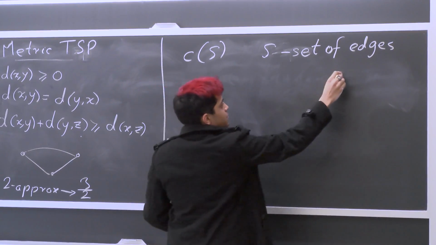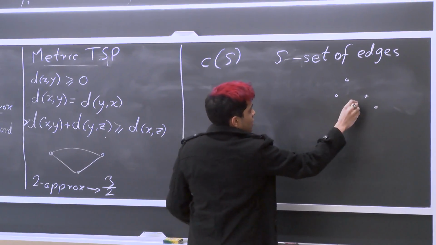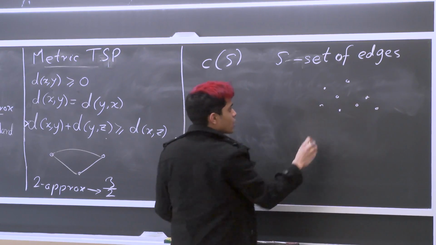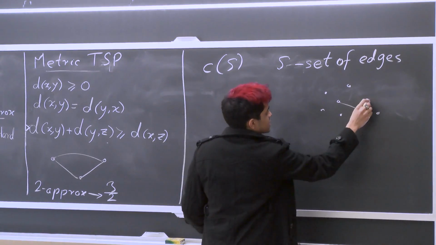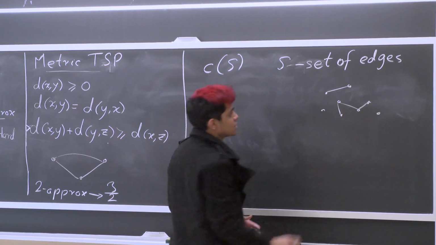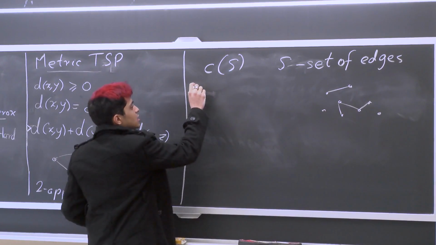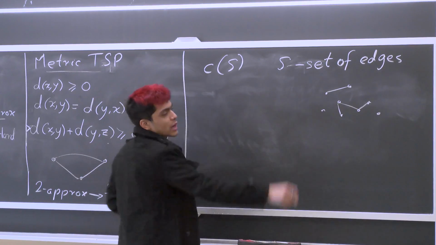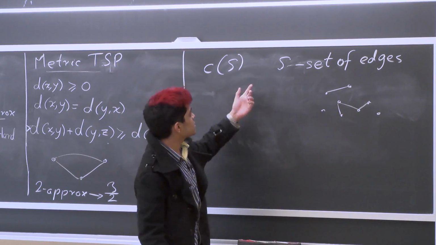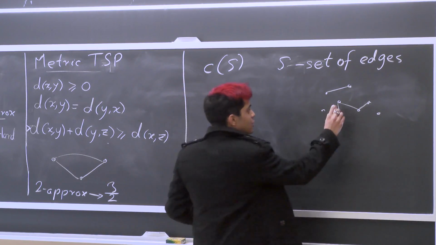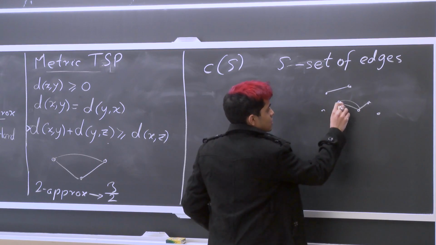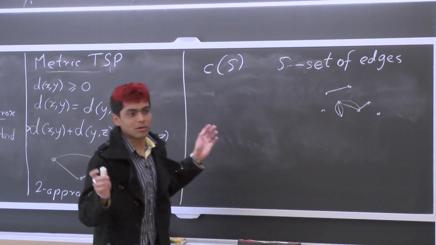If you have your graph here, your set of edges could be something like this, this, this, this. So that's a set of edges. And C of S is defined as the sum of the weights of all the edges. And this actually should be a multi-set because you can count the same edge twice. So you can count this edge 3 times or however many times you want.